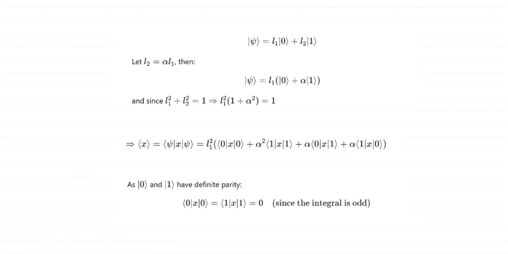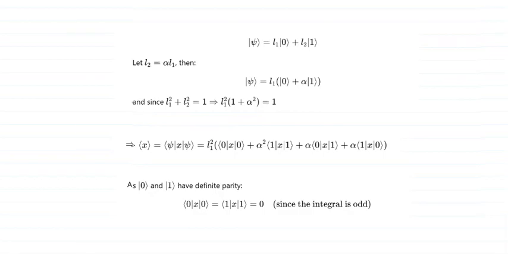So to relate L1 and L2, let us introduce the constant alpha. L2 equal to alpha L1, taking L1 common. And since the wave function psi is normalized, the bracket notation of psi into psi will be 1.